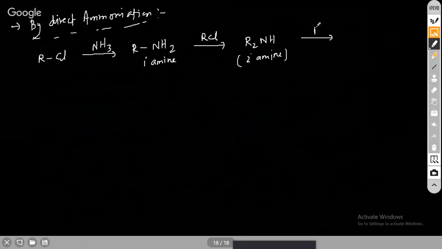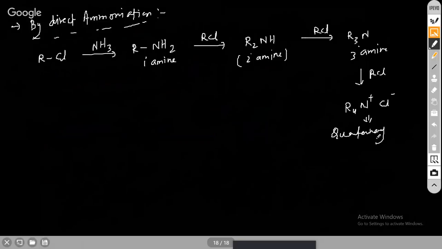Next, RCl gives R3N, 3 degree amine. Now when you put RCl again, you get R4N plus and Cl minus. This is quaternary ammonium salt.